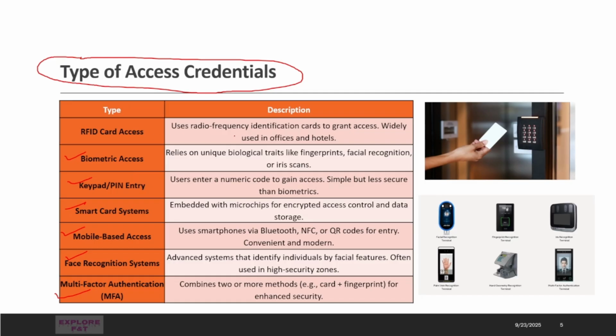RFID is based on radio frequency. Biometrics use facial recognition, iris scan, and fingerprint. Keypad and PIN entry is normal, you use your PIN on the keypad. Then a smart card has a chip with an encrypted number.